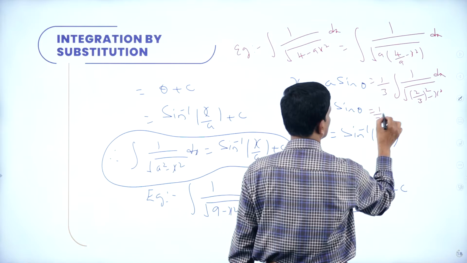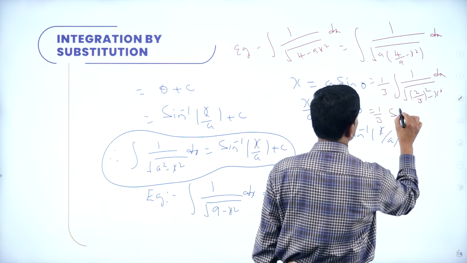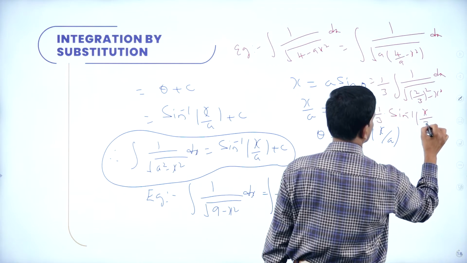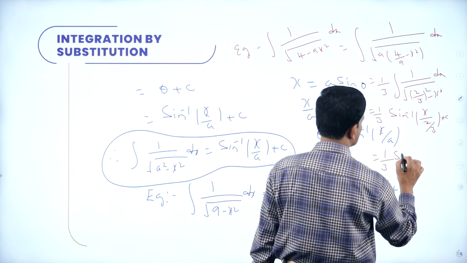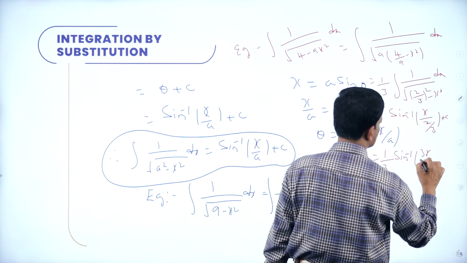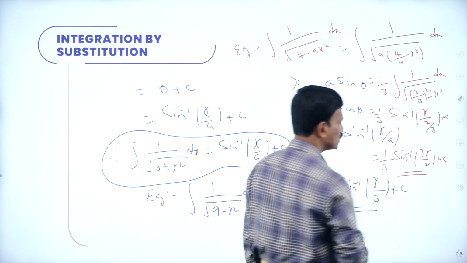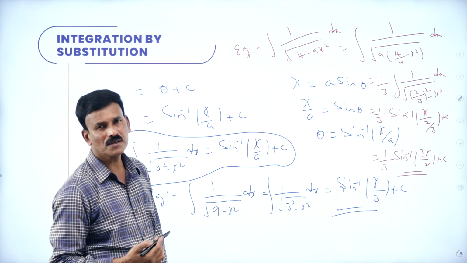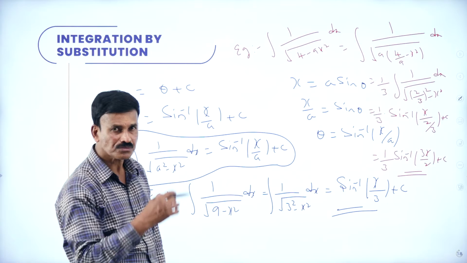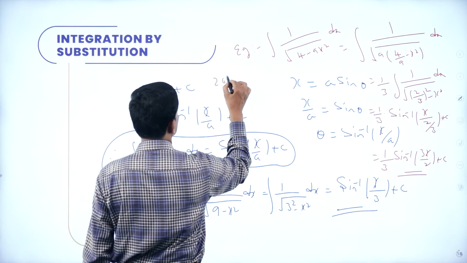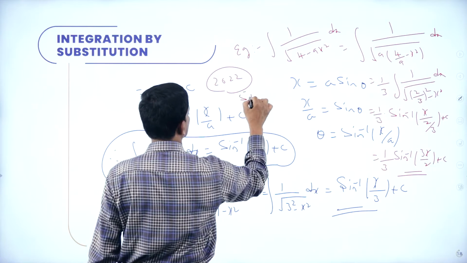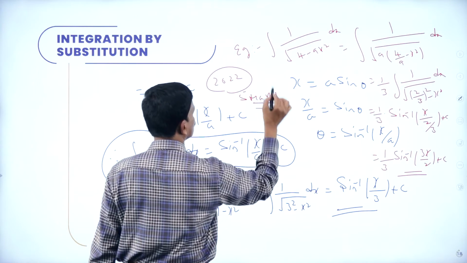So this is 1 over 3 into sin inverse of x divided by 2 by 3 plus c. This is 1 over 3 sin inverse of 3x divided by 2 plus c. That's it. Or by the method of substitution also you can simplify. So definitely you can expect this type of question for the 2022 examination for 5 marks.